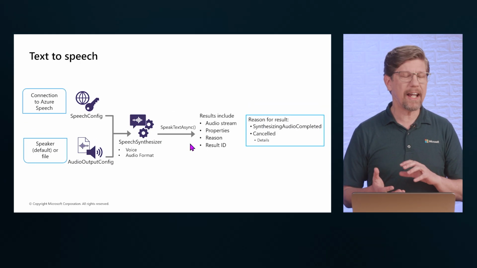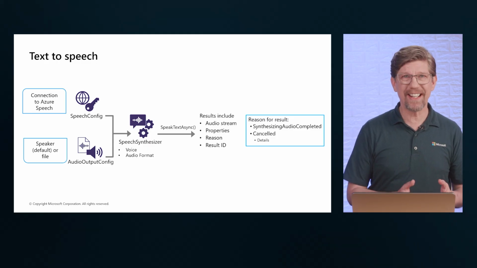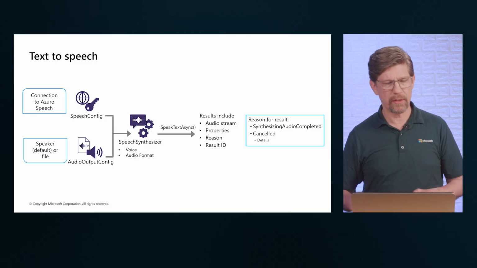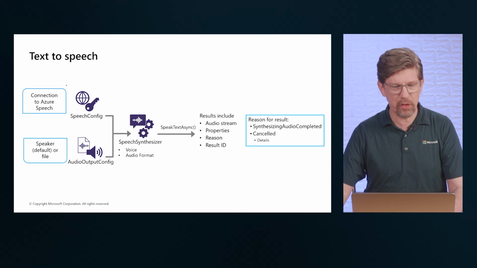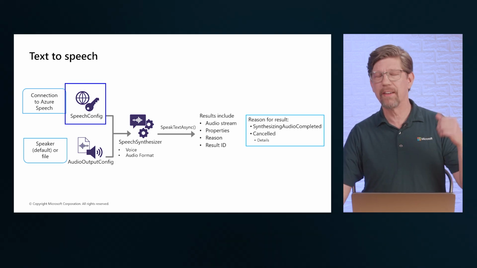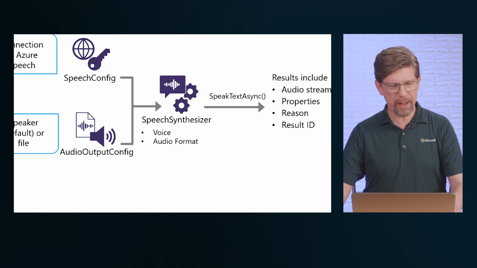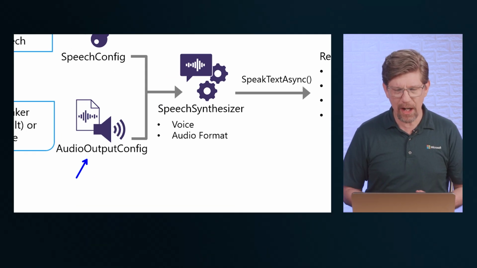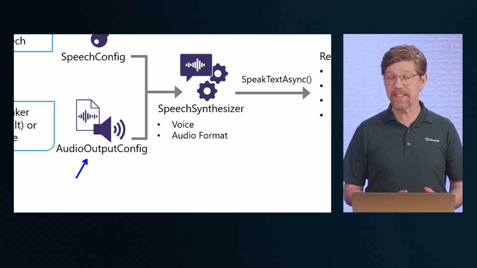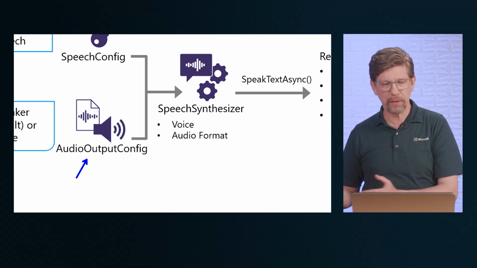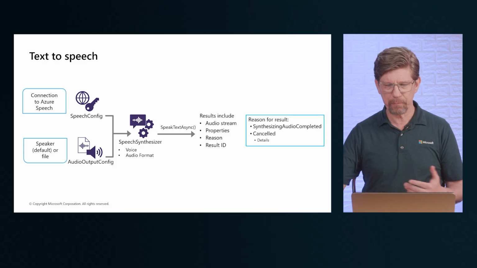Now we'll take that and just pivot just a little bit to get the text-to-speech side of things. So same speech config object that we saw before. There's our credential. There's our endpoint. But now we're passing in the audio output config. So this is where that information should be sent when we're done.